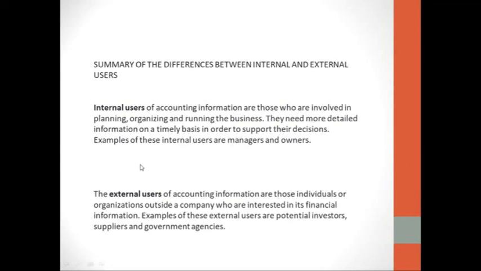So again, they need managerial accounting information when we speak of internal users. And we also have the external users of accounting information, who are those individuals or organizations outside the company who are interested in financial information. So examples are the investors, suppliers, and the government agencies. So external users focus more on financial accounting information.